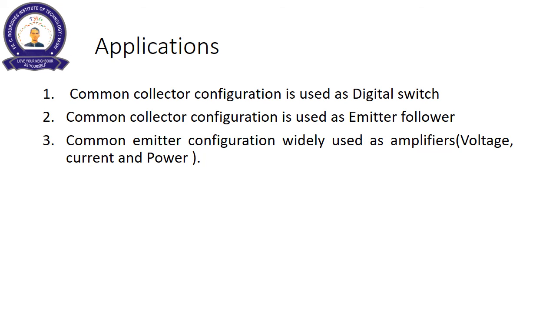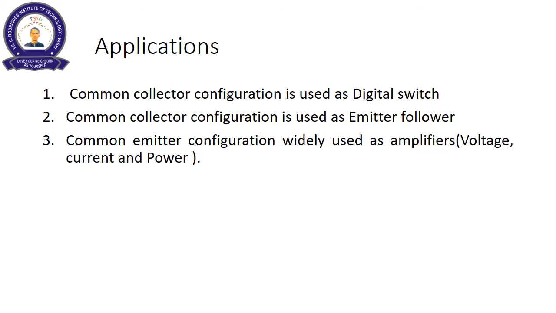Applications. The wide application of the common collector configuration is a digital switch. If the configuration is considered common collector, and if it is in saturation mode, at that time a reverse collector current flows, and if you are applying any input voltage, the transistor works in the saturation region, which is almost like you are getting 1 volt.